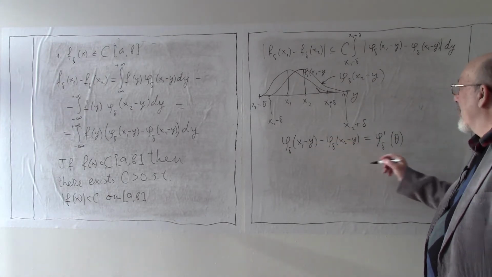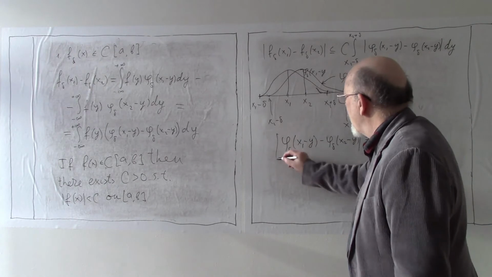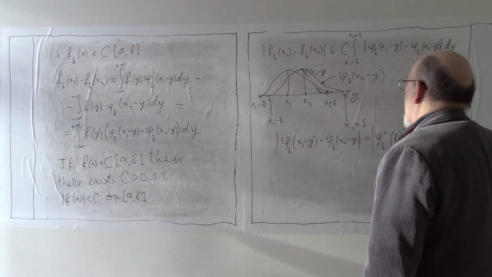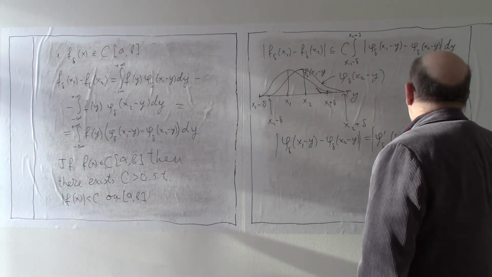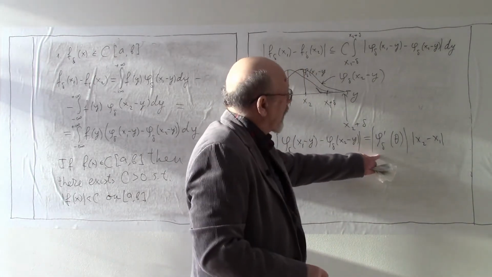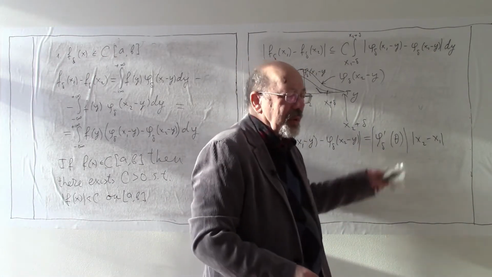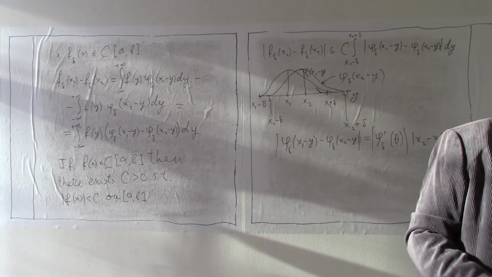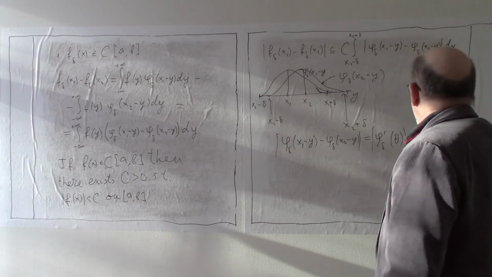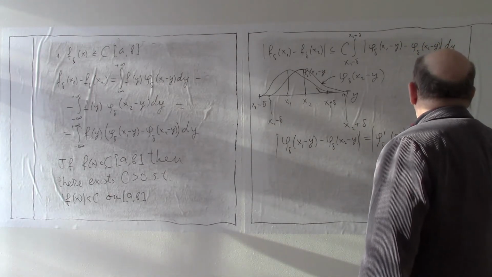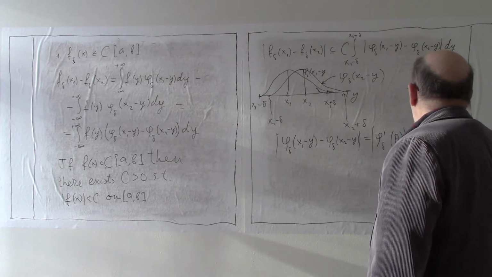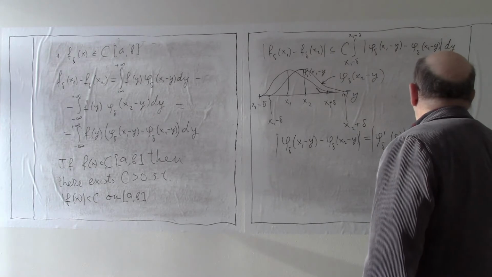The difference is, let me write, modulus of x2 minus x1. Now the function is differentiable, so the derivative is bounded because it is a continuous function, and so it is less or equal than c1 times modulus x2 minus x1.